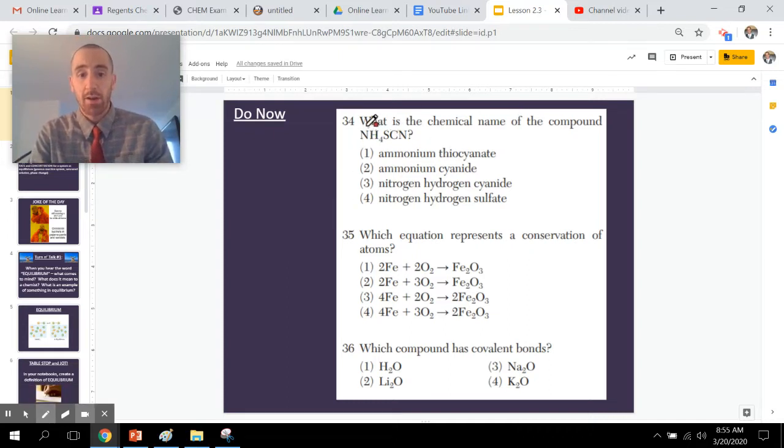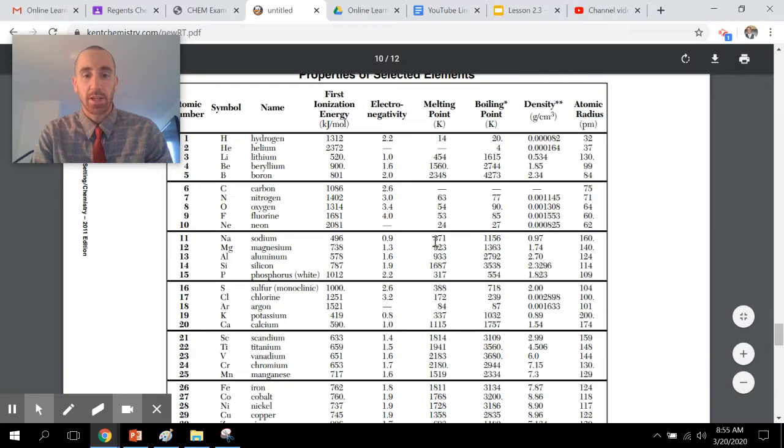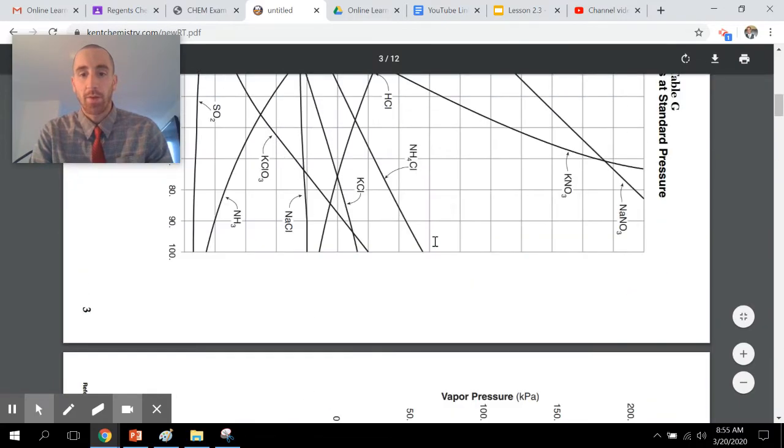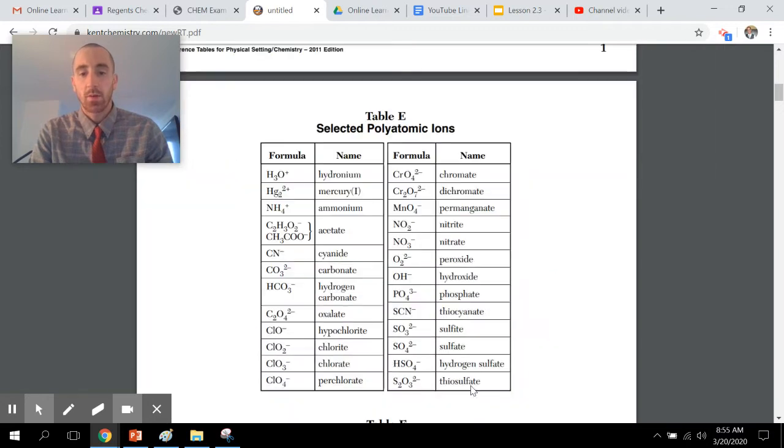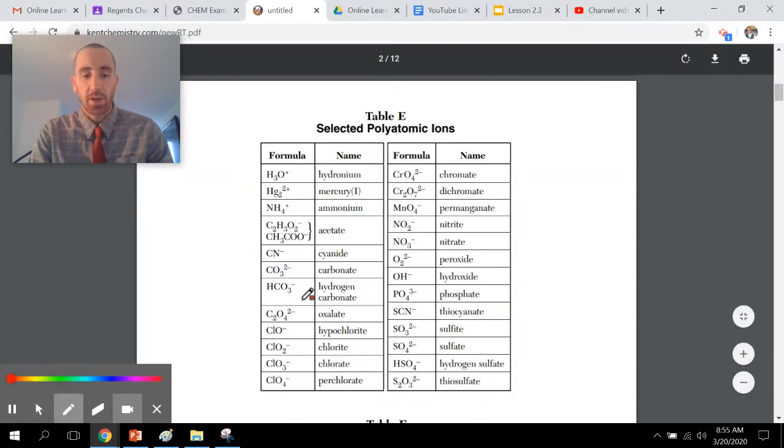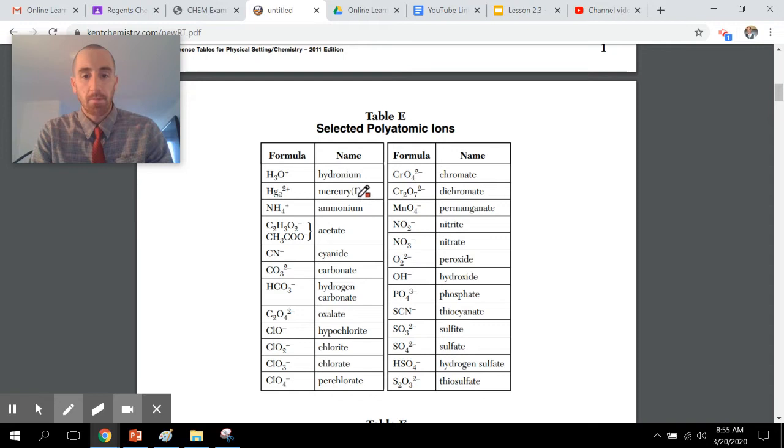It looks really scary, but hopefully you recognize that there are two substances or members of Table E in this formula, NH4 and SCN. They both appear on Table E. I should be able to jump over there and keep you guys with me. If I go through my reference table counterclockwise, you see that they are both here. NH4 is called ammonium.